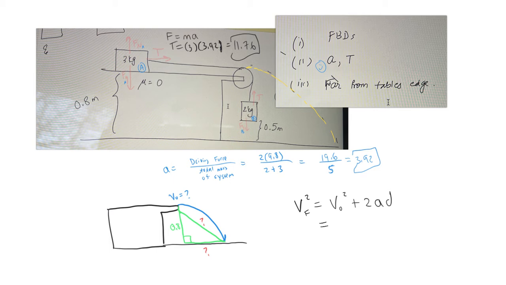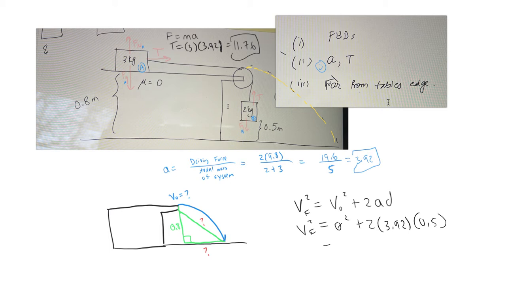So it's going to be final velocity squared. The original velocity, at least here, is 0. You know, there was a moment in the beginning where it wasn't moving. So that's going to be 0 squared plus 2 times the acceleration, which is 3.92, and the distance traveled, which is going to be 0.5.